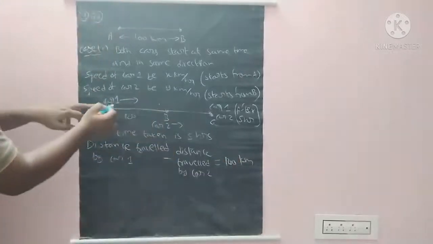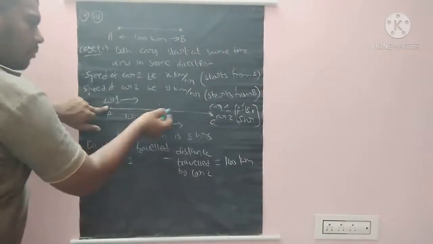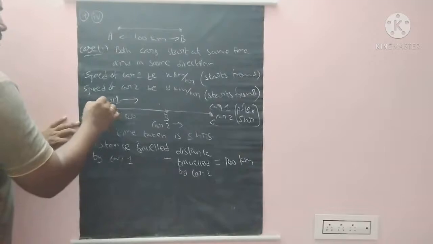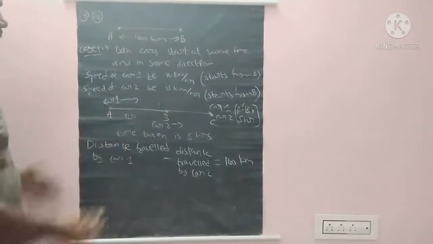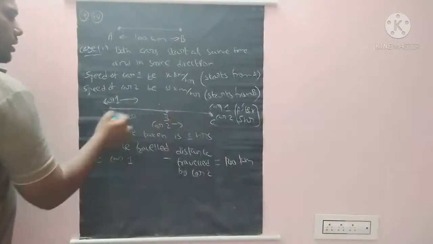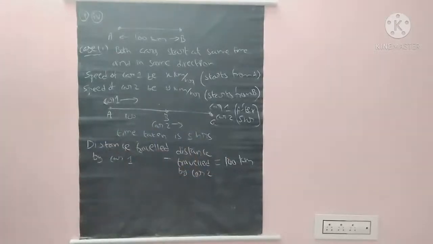Why? Because car 1 starts from here and reached C. Car 2 also starts from here and reached the same point. That means the distance from A to B is extra traveled by car 1. So car 1 traveled A to C, the second car traveled B to C. So this distance is the extra distance traveled by car 1. So the difference will be 100.